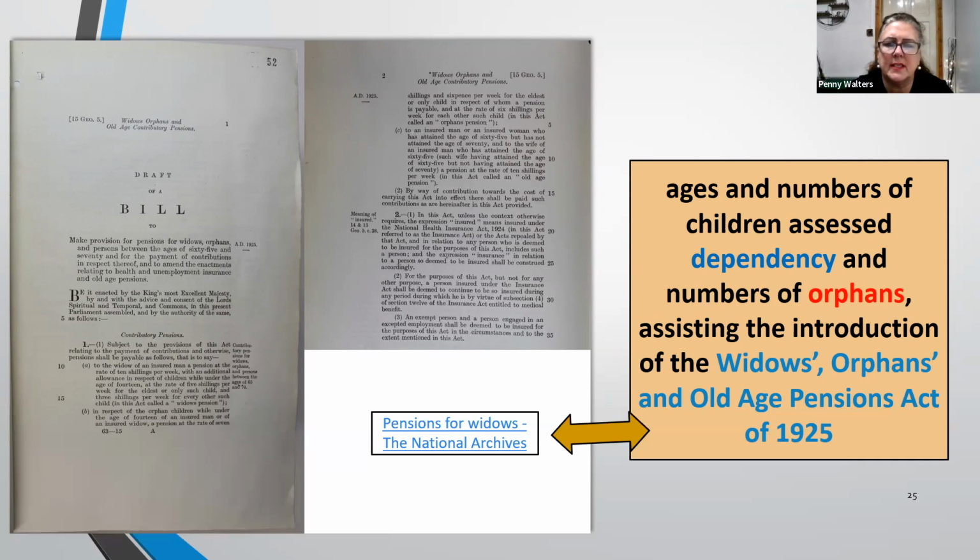So all of the statistics got analysed and helped with the introduction of the Old Age Pensions Act, which we have still got now, and the Widows and Orphans Act as well. So people were getting a little bit of financial help after 1925.